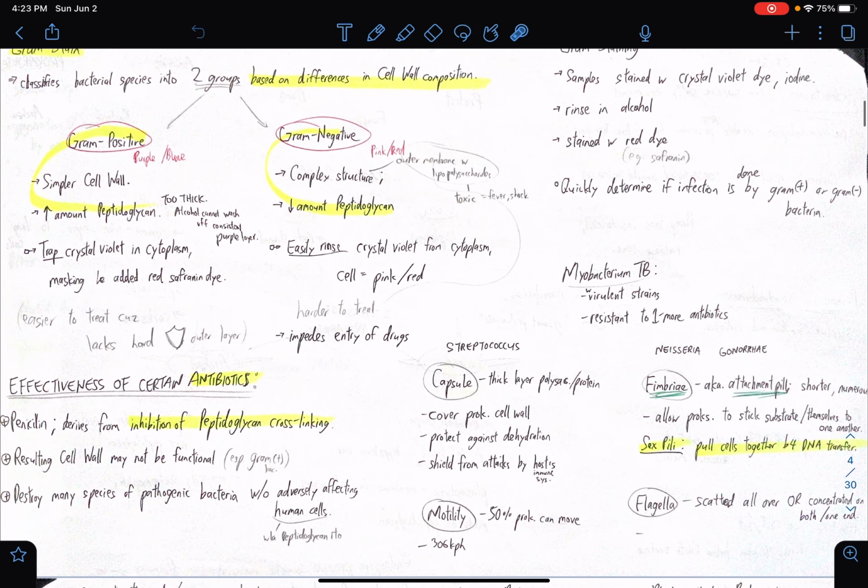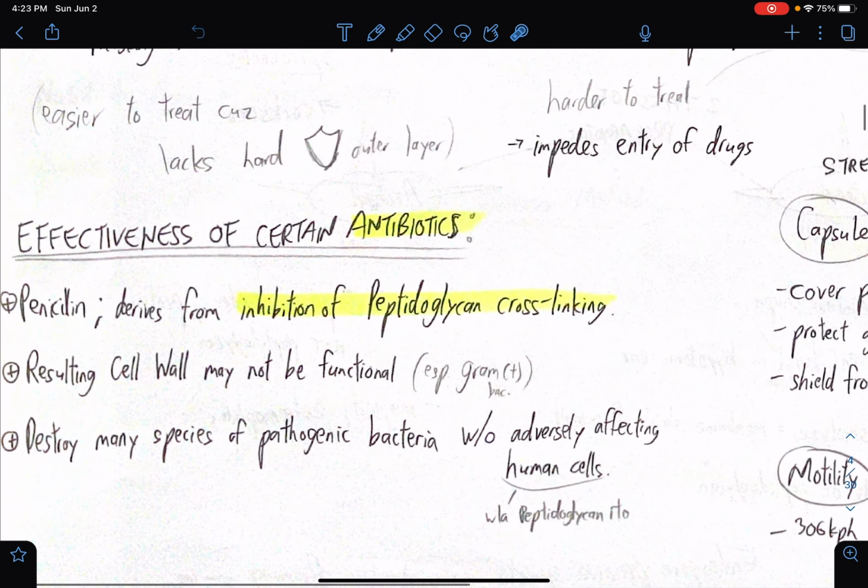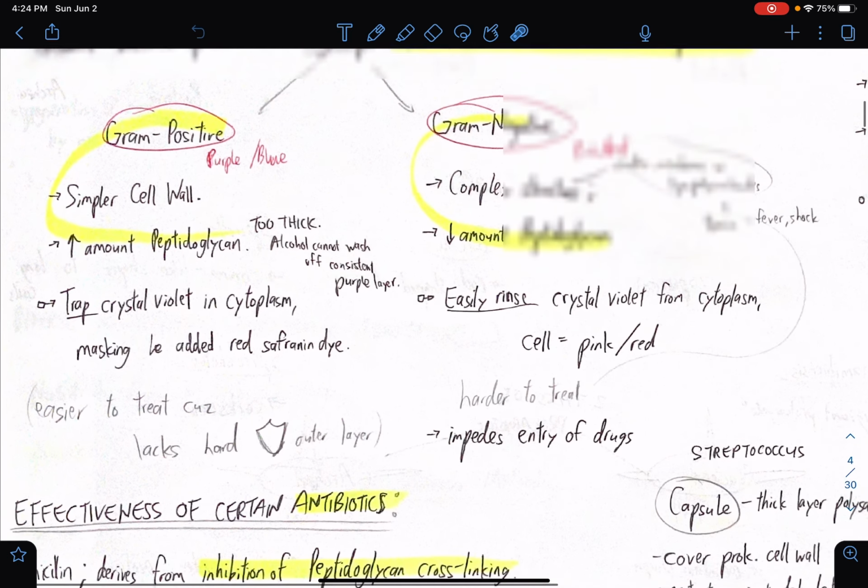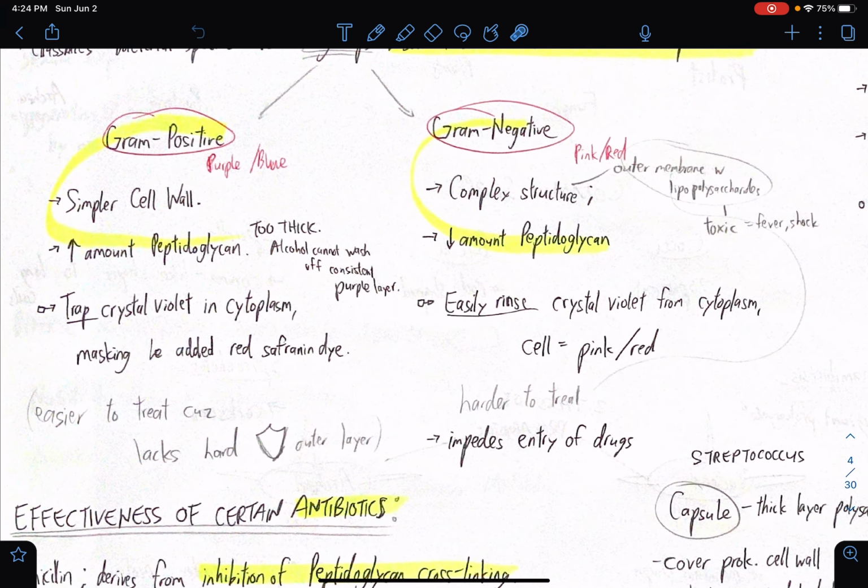So, what is the effectiveness of certain antibiotics? Antibiotics, by the way, are intended to help in inhibiting peptidoglycan cross-linking. So it has something to do with the peptidoglycan content in gram-positive and gram-negative.